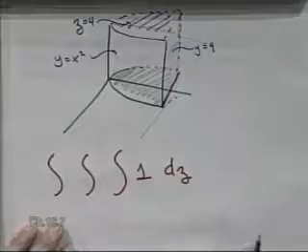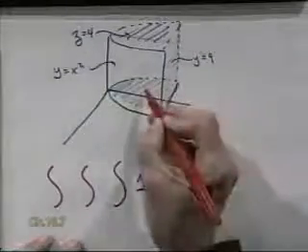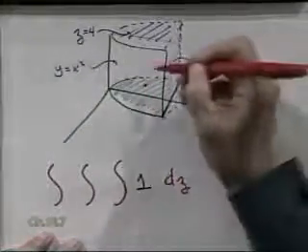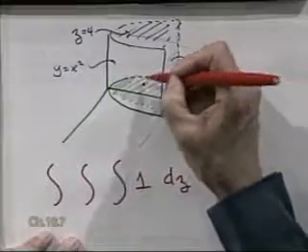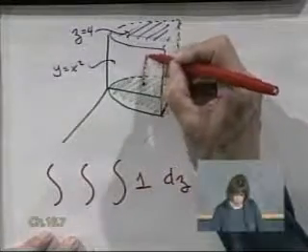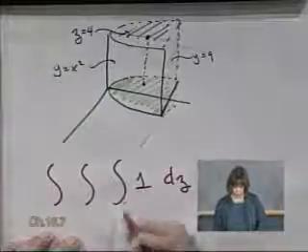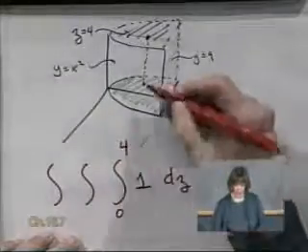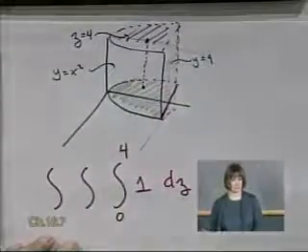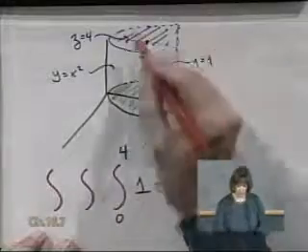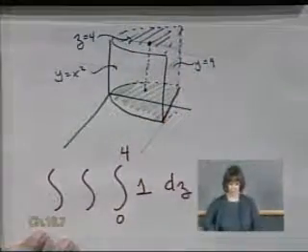Now what's z ranging from? Take an arbitrary point in the base and go perpendicular to the xy plane. You're going from 0 until you get to 4, to the top, the part that was cut off. We're going from z equals 0 to z equals 4.